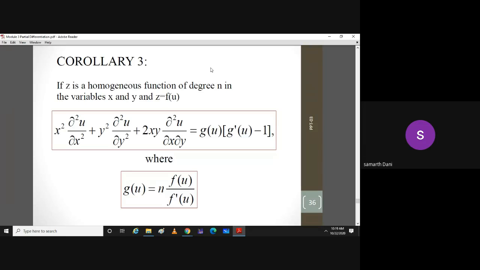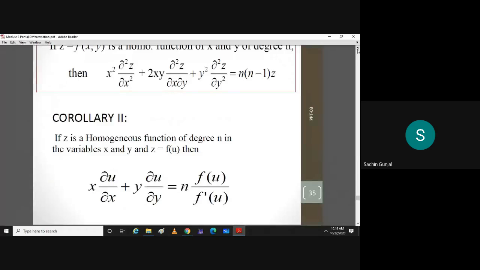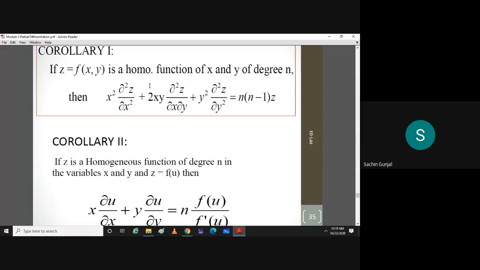So now, is u homogeneous? No, because again that power of t is inside that function sine inverse. So the choice of corollary 1 is gone, because corollary 1 is applicable for homogeneous functions.